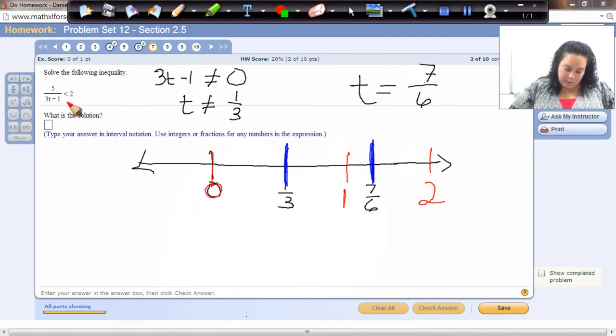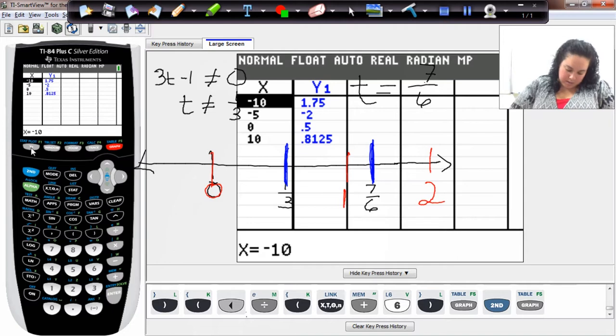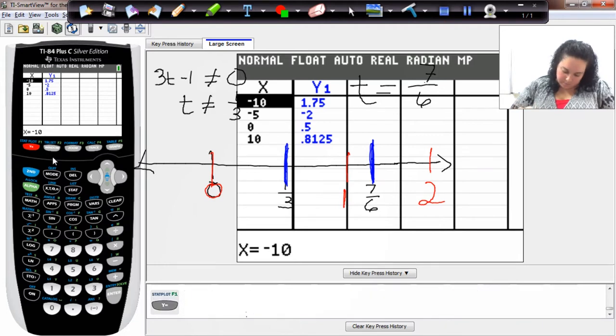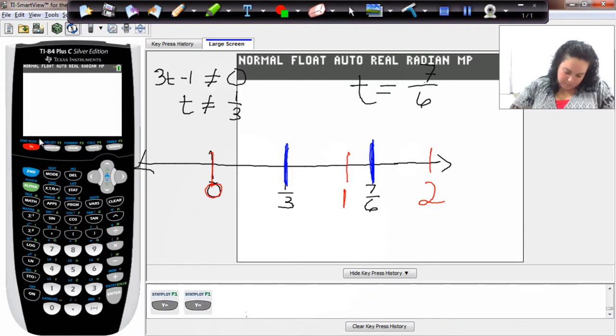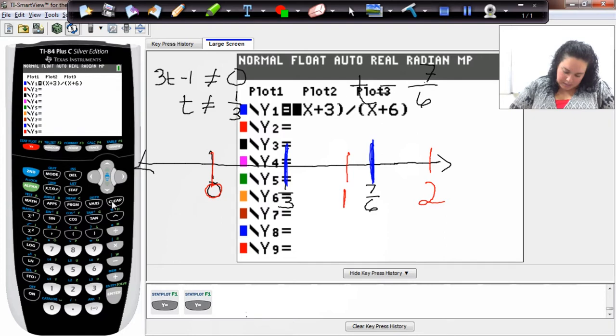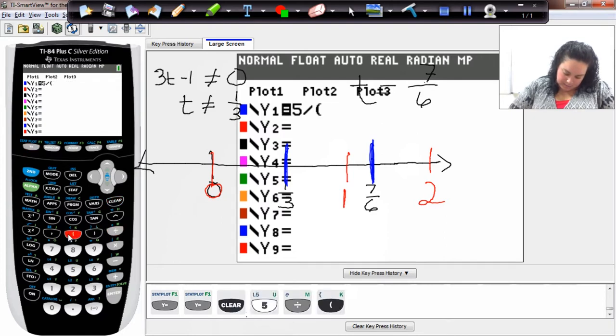So we have 5 over 3t minus 1. Let's go back to our calculator. You don't have to, you can do it by hand. Go to y equals. Clear this. We have 5 over, parentheses, 3t, which is going to be 3x, minus 1.